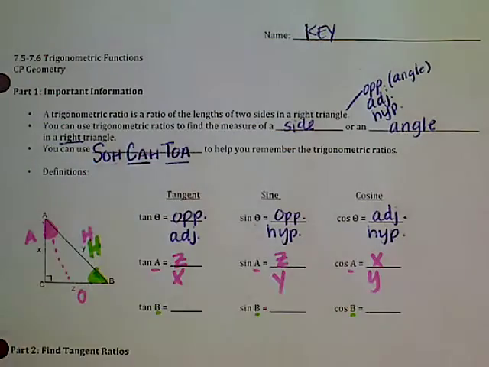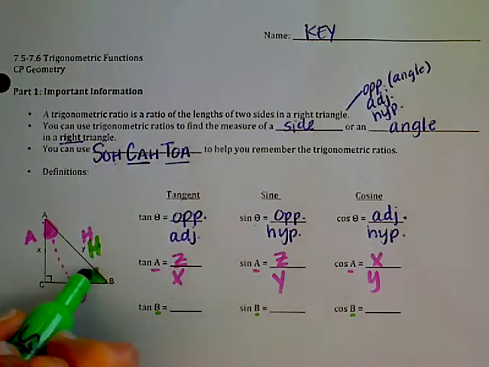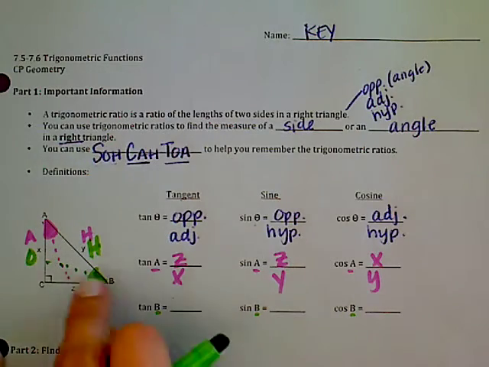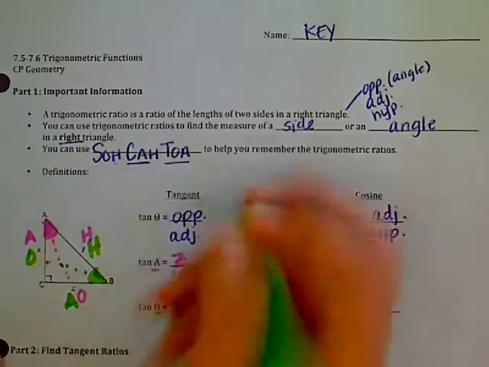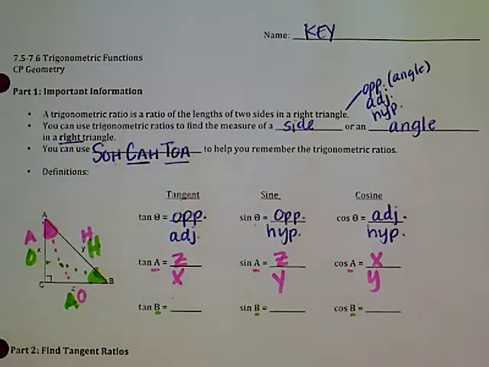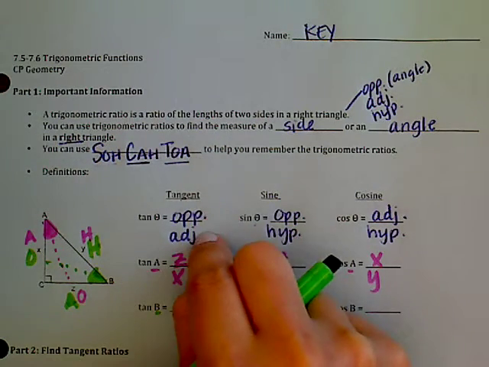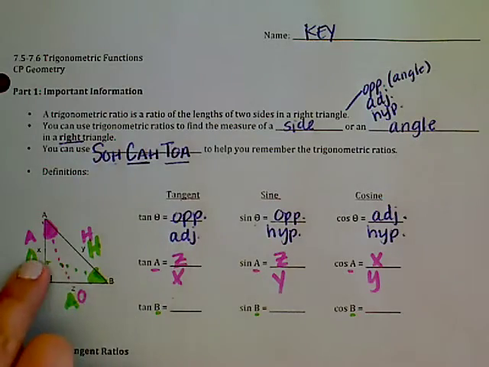It's the opposite and the adjacent that switch, because now the opposite from angle B is X. Next to angle B, or adjacent, is Z. So Z is now the adjacent. So they just switch places. So now let's find the tangent of B. TOA, remember, opposite over adjacent, would be X over Z.